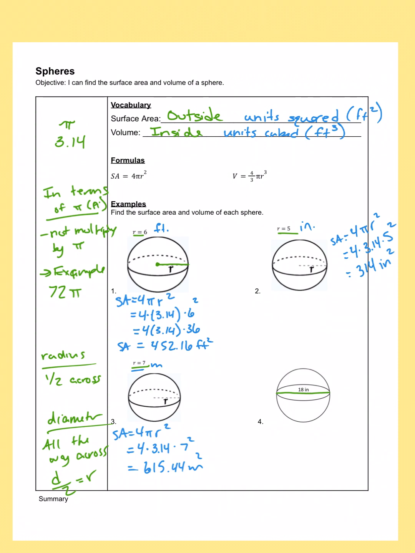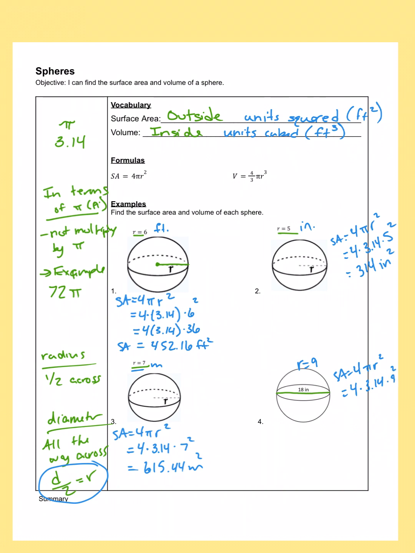And for our last one, remember this one gives us the diameter is 18, and to find the radius we take the diameter and divide by 2. So then 18 divided by 2, the radius is going to be 9. And then to find the surface area again, we want 4 pi r squared. So for us, that's going to be 4 times 3.14 times 9 squared.